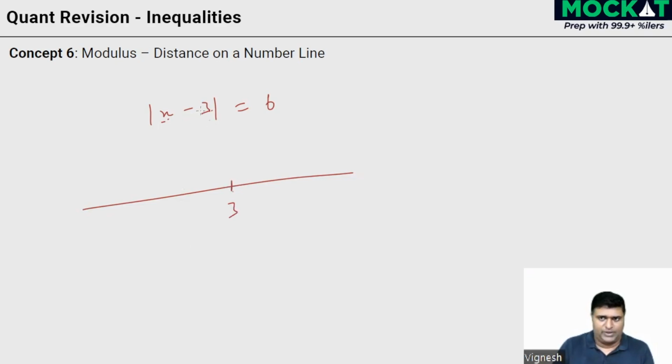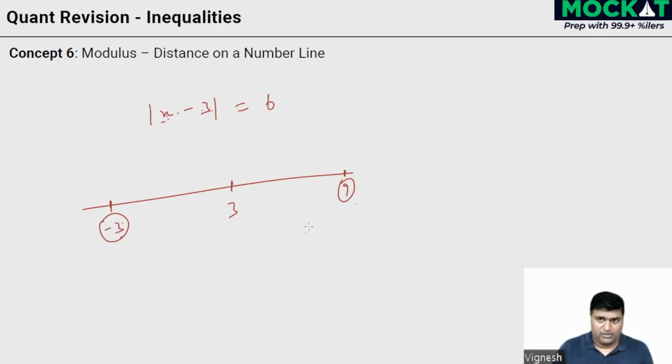So from that point 3, the distance of x minus 3 means simply the difference between these two numbers. That is, the distance between these two numbers on the number line has to be 6. 6 units to the right is going to give me 9. And 6 units to the left is going to give me 3 minus 6, which is minus 3. These are the two values for x, right?